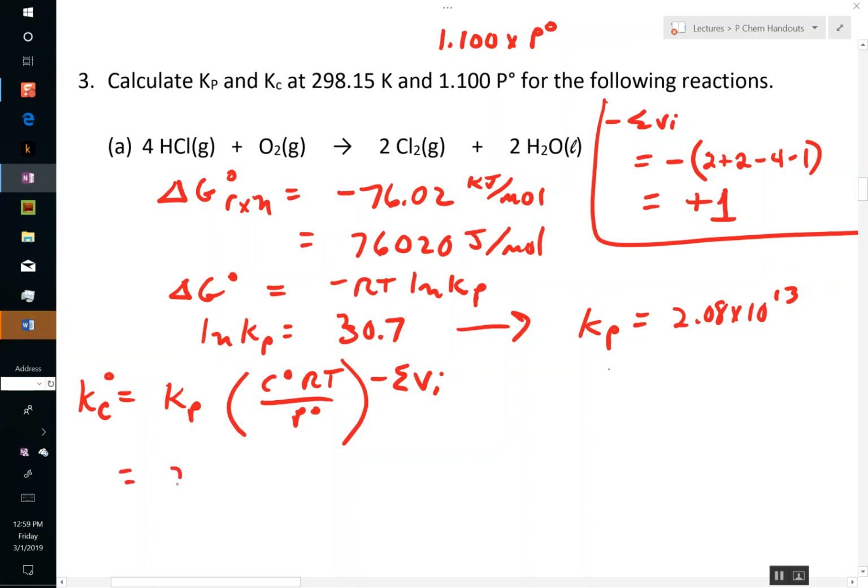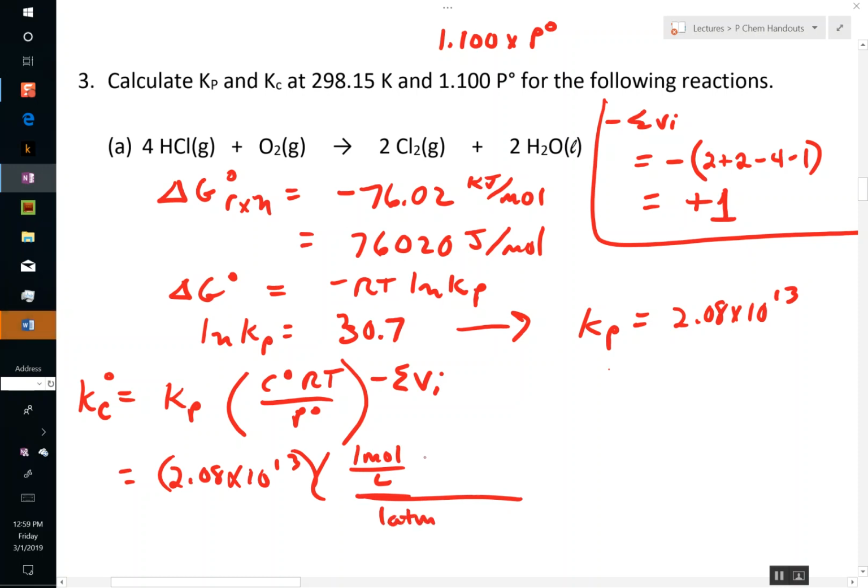And so all of this comes out to this times, what is C naught? Good question, Grant. 1 mole per liter divided by P naught, which is 1 atmosphere.